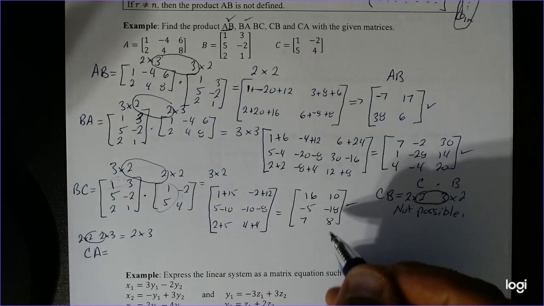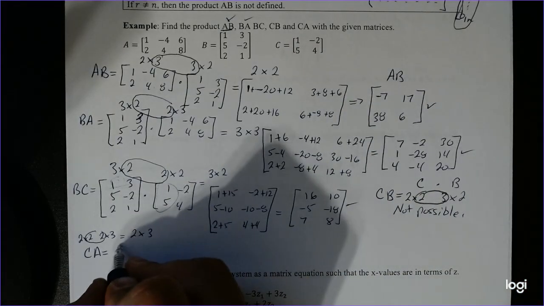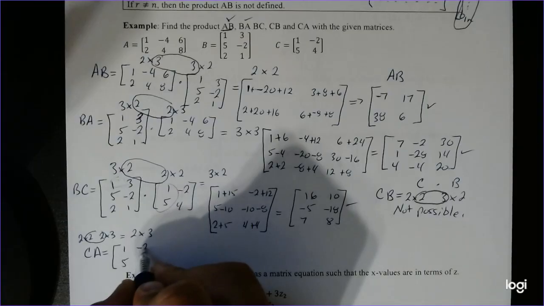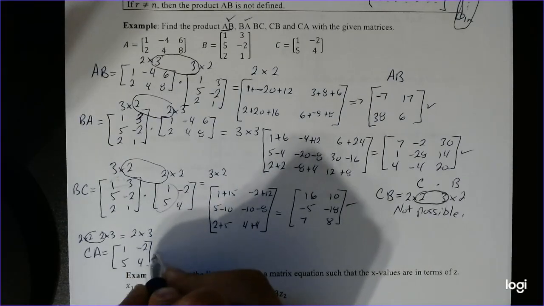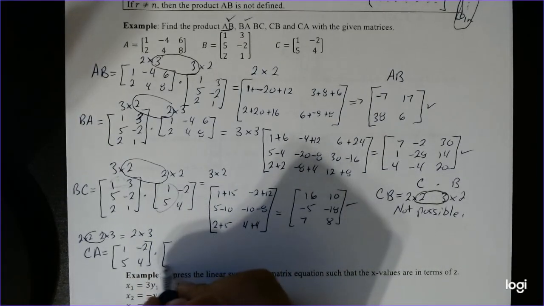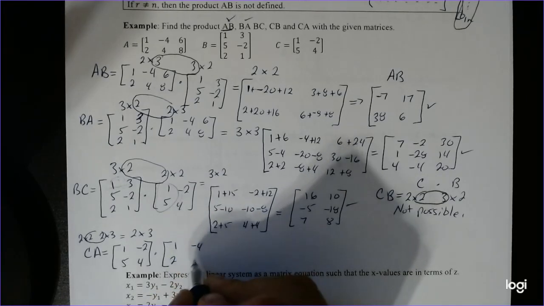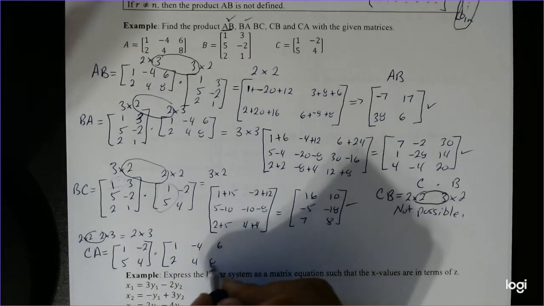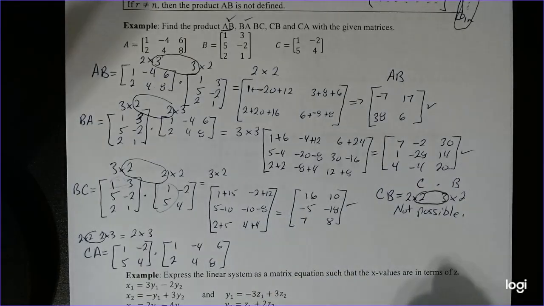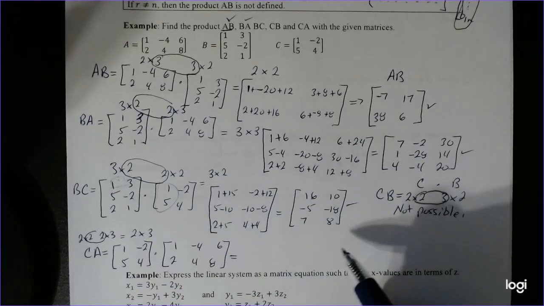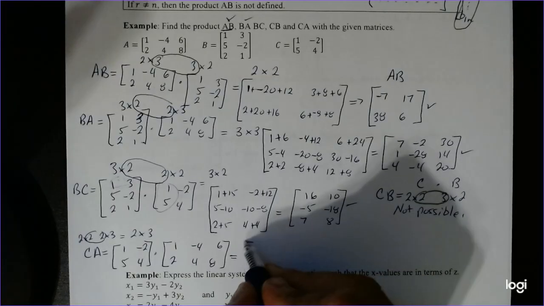So first we write C, and then A. Okay. So again, this is going to be a 2 by 3, so 2 rows, 3 columns.